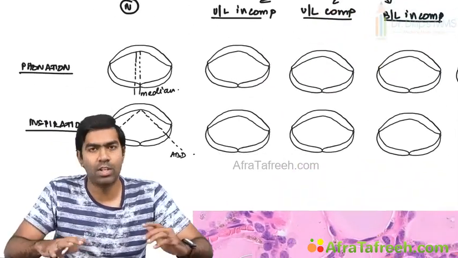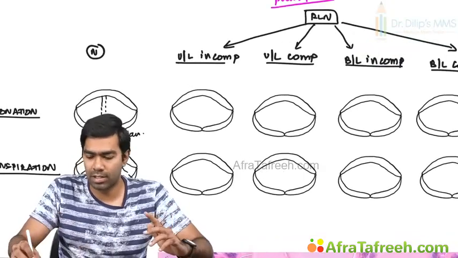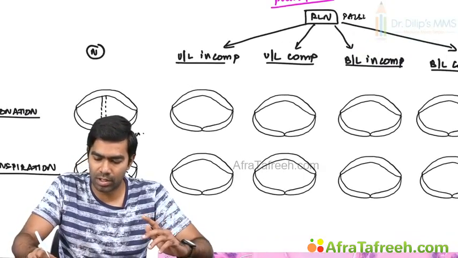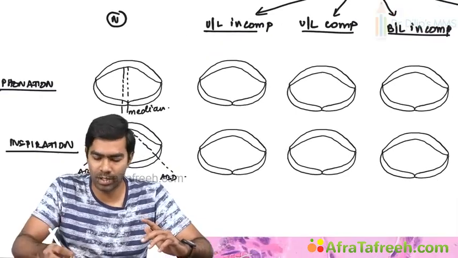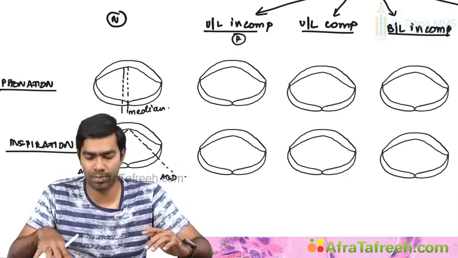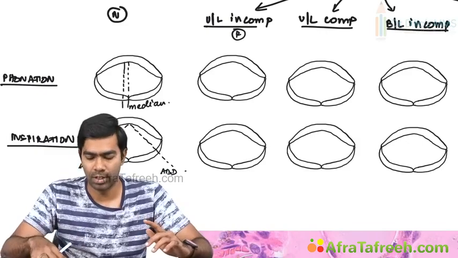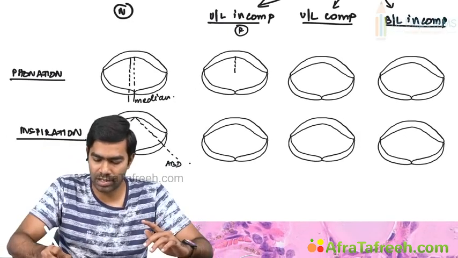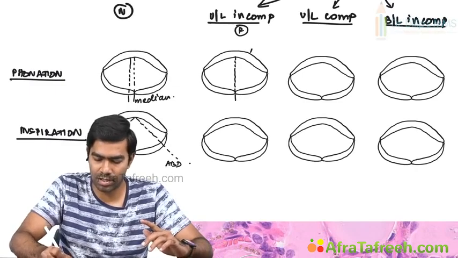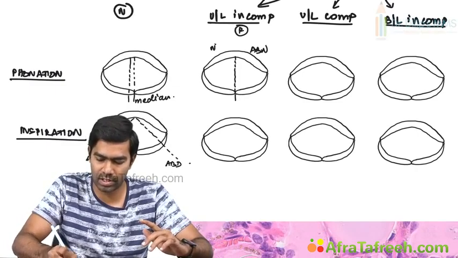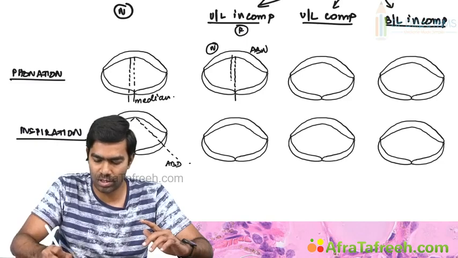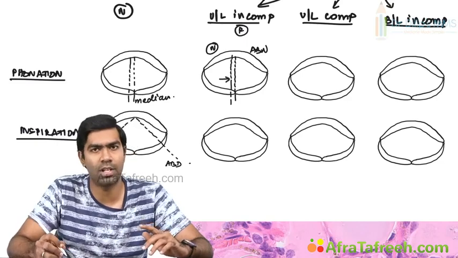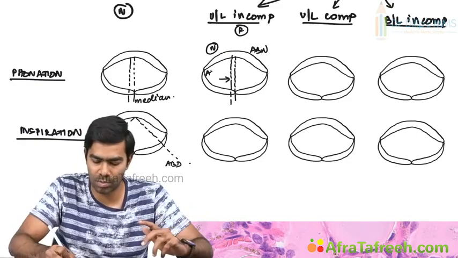Fine. When you have a unilateral incomplete recurrent laryngeal nerve paralysis or injury, let us put the right side for this example. The right side is damaged. This is the abnormal side and the left side is the normal side. During phonation, the left side should normally adduct because it has normal muscle and normal supply.